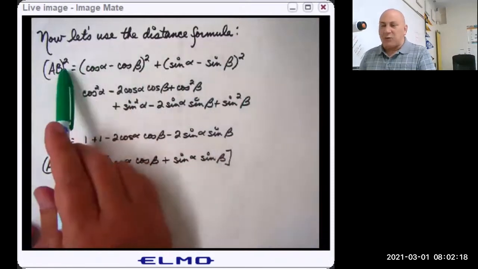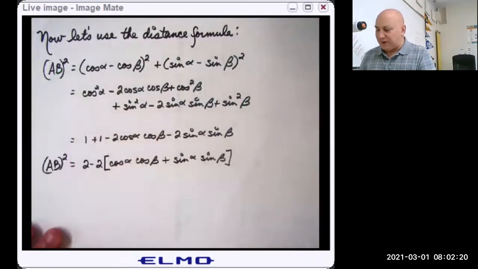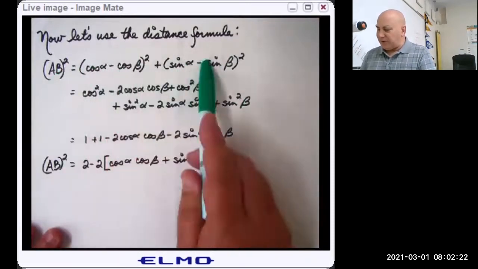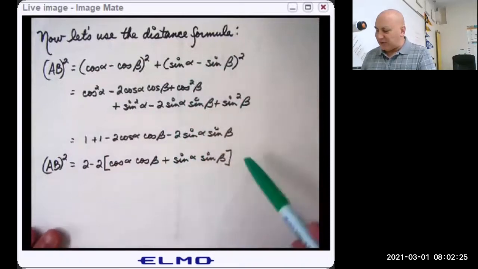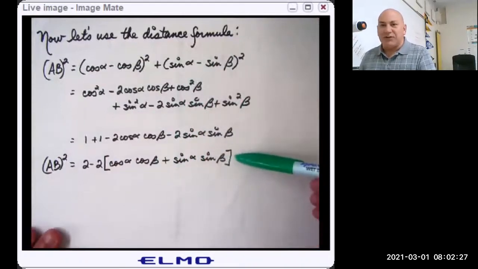We're not going to take the square root because we're just going to leave it squared. FOIL this, combine like terms, and we end up with this expression. I encourage you to go through that in detail. Make sure that you understand that.